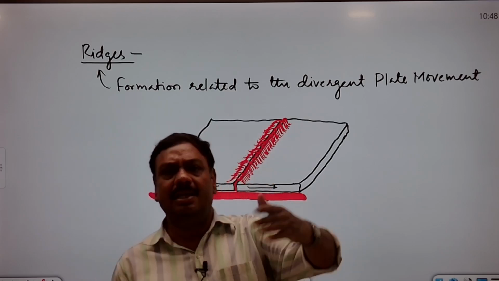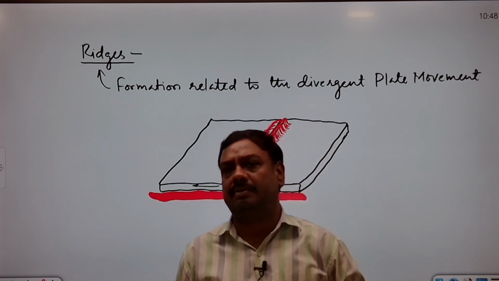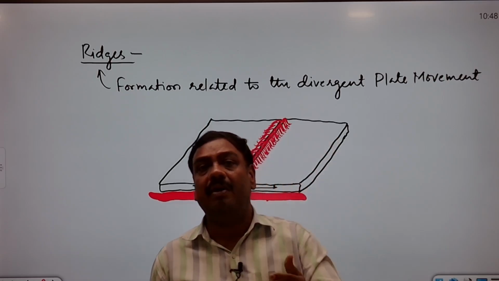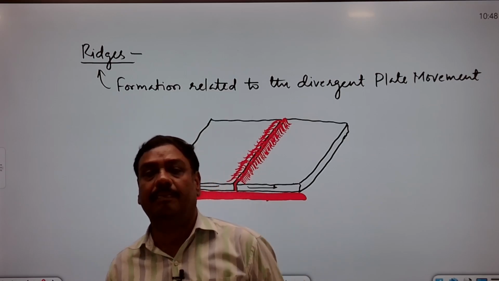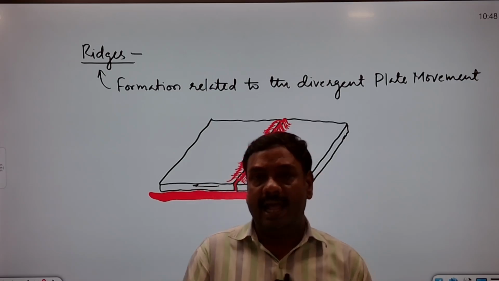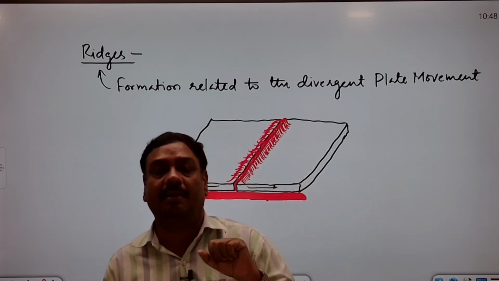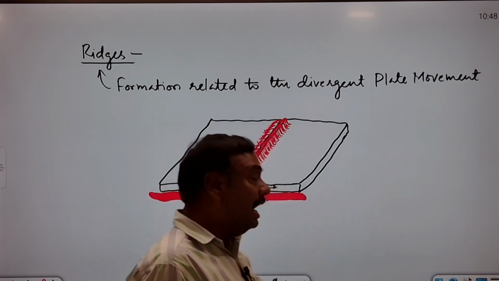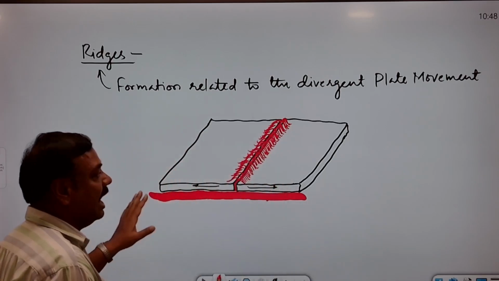These are very large slabs, thousands of kilometers in length. Their width is quite wide, right? And they are also very thick. So in that way you can say these plates have such dimensions.